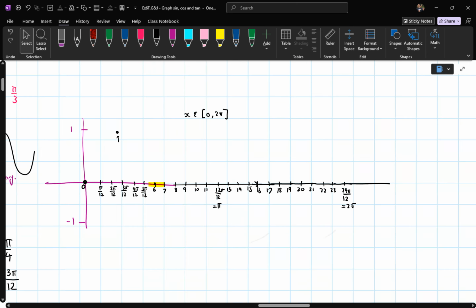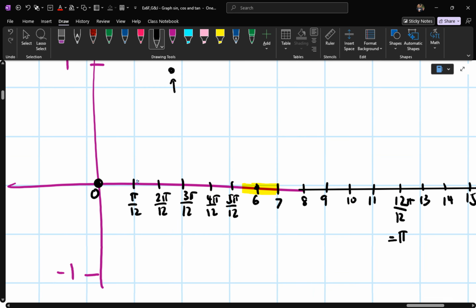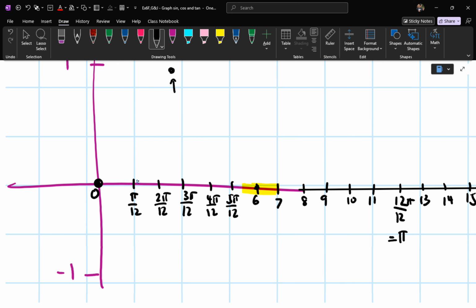Now that I've got that scale, actually, I just realized I miscounted, because there's a little half node here. I can't be bothered fixing all this, I'll just do it again.